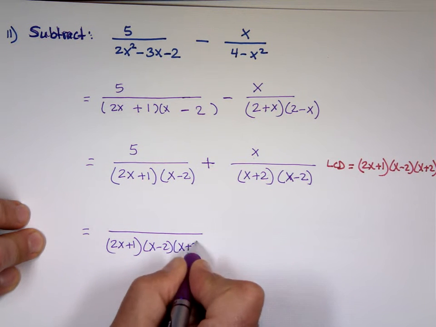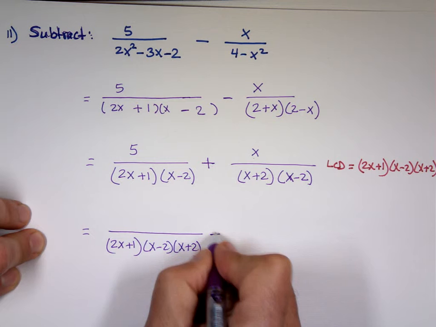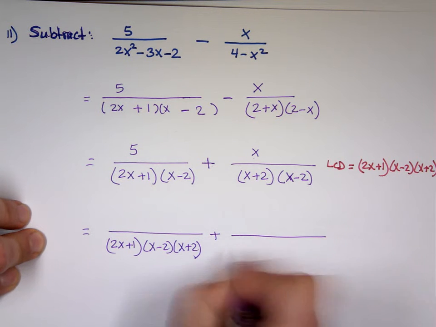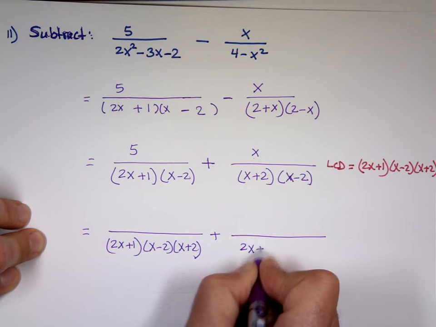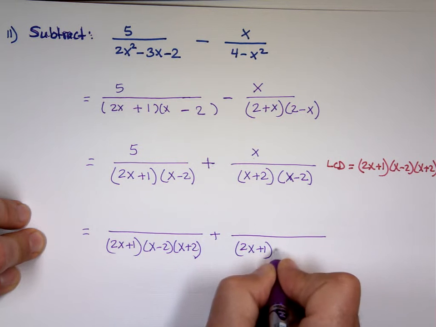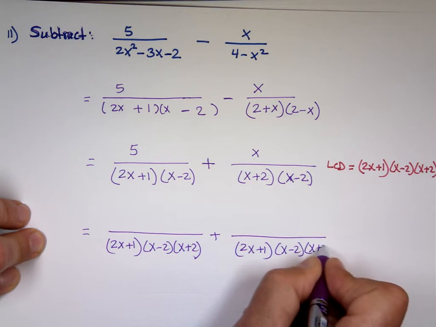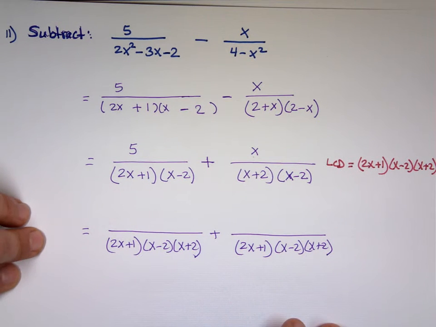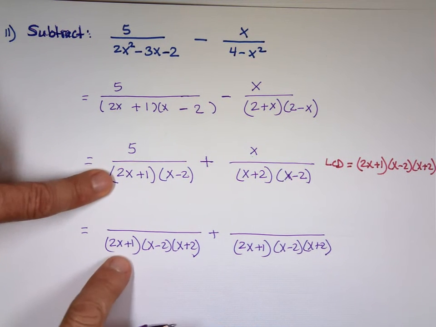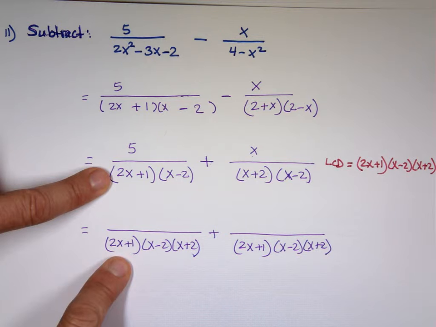I want the bottom to be the LCD. How do we make this look like this? What's missing from it? That's really the question. What is missing from this?